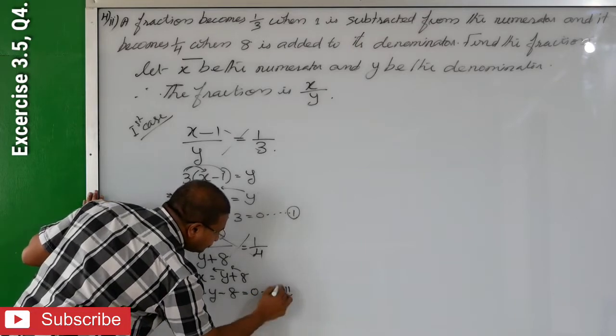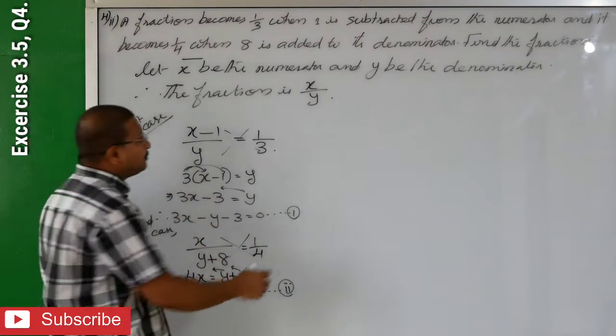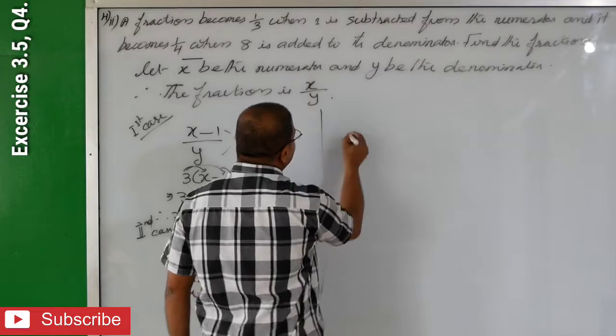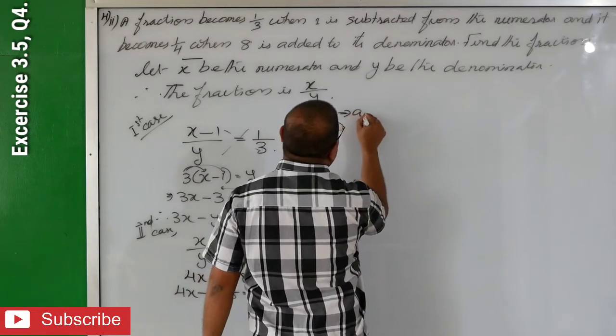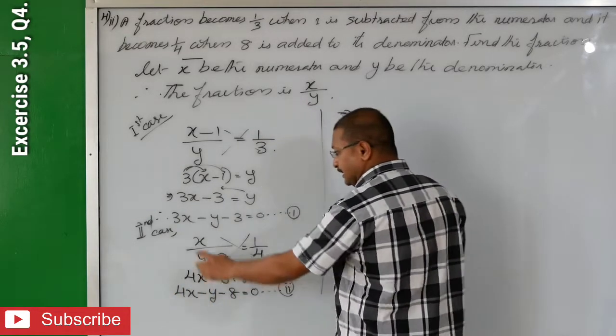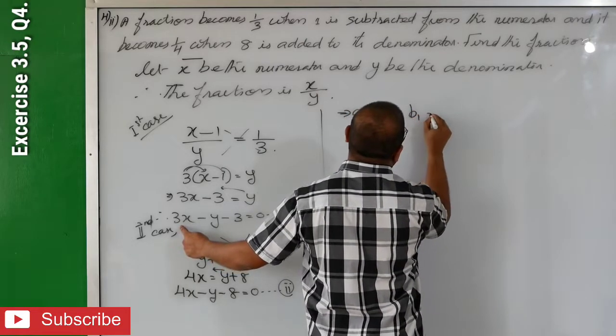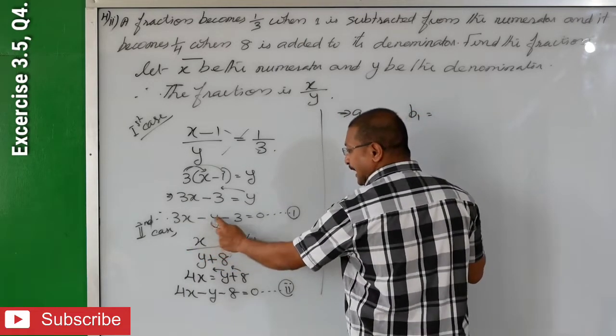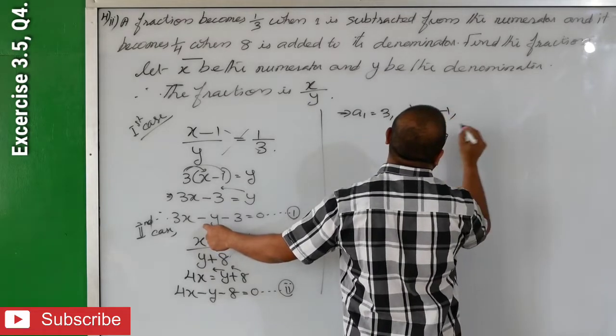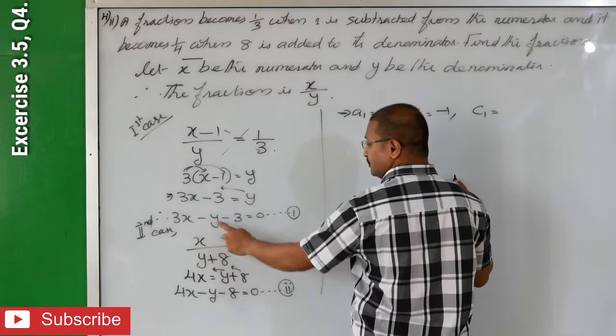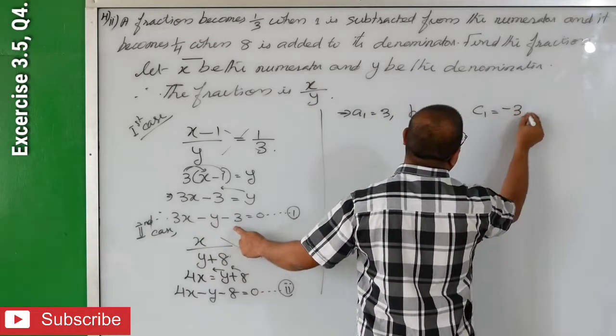Second equation. Ready? Now, from the first equation, we will take the value of a1. First equation, see, a1 is 3 and b1, what is the value of b1? Minus y means minus 1 and c1 is minus 3.